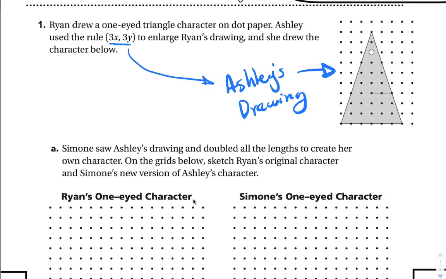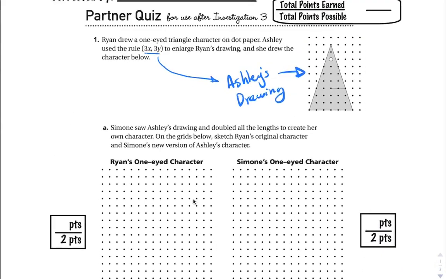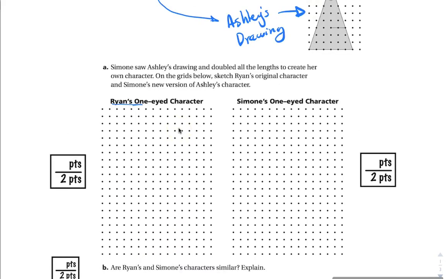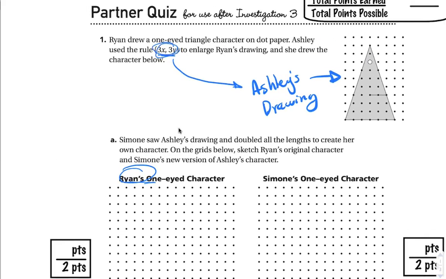Okay? That's what it's telling you. That's Ashley's drawing. You have to figure out what Ryan's drawing is if this is Ashley's drawing. So you're trying to figure out Ryan's drawing if Ashley used a 3x 3y rule. Okay?